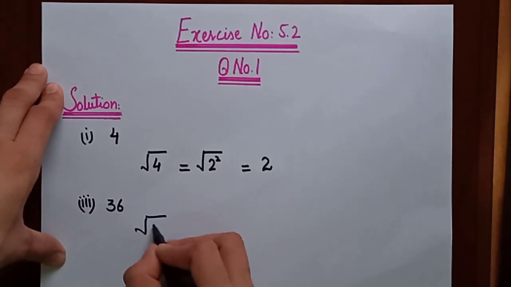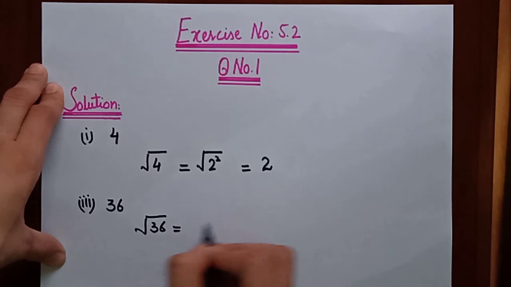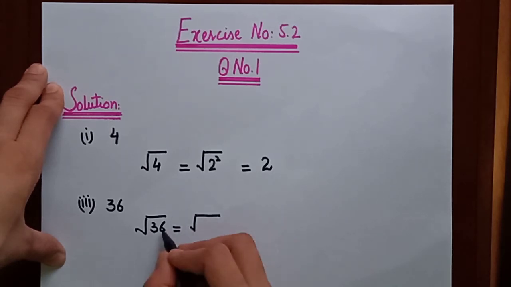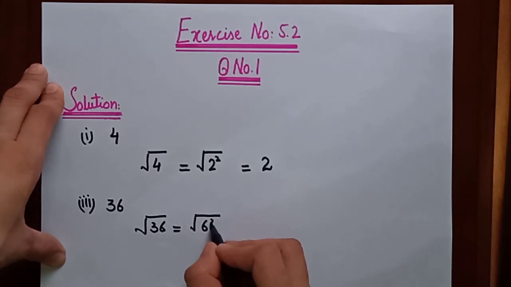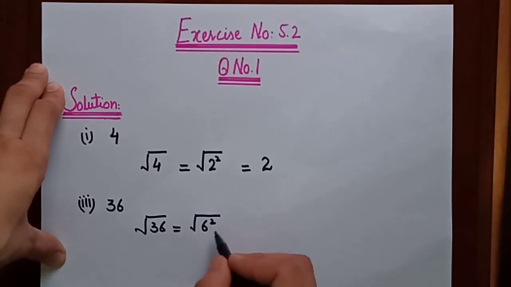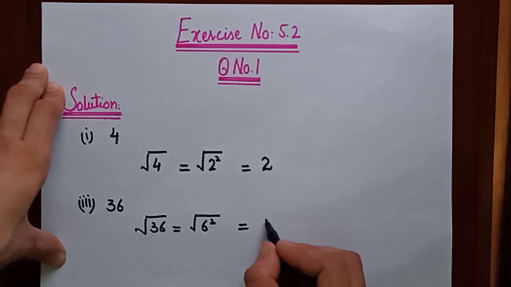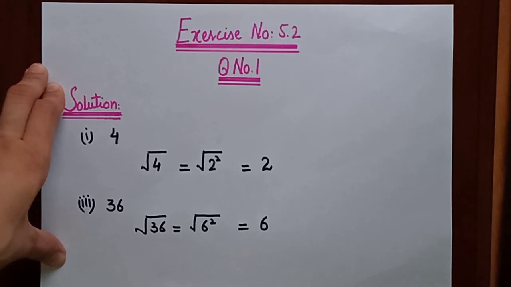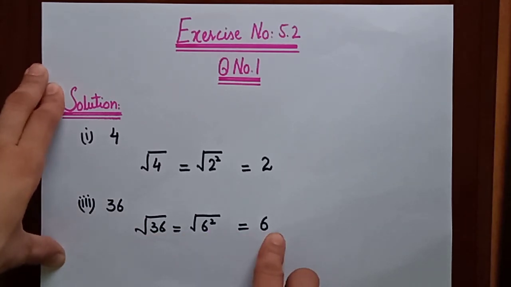So square root of 36 is equal to square root of 6 square. ठीक है, जिस नंबर का भी हमने स्क्वायर रूट फाइंड करना है, वी हैव टू एक्सप्रेस दैट नंबर इन द स्क्वायर फॉर्म. 36 is the perfect square of 6, so square and square root are cancelled. Answer is 6. Square root of 36 is 6.